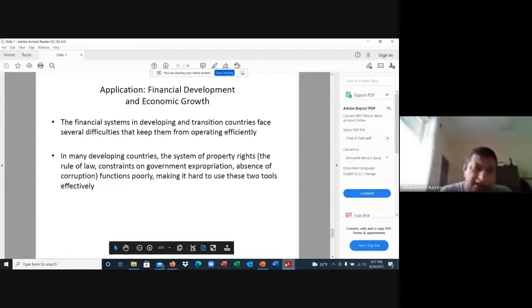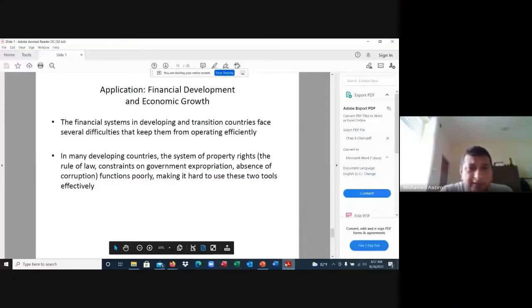Yes, even in advanced economies, at times it performs below the potential or the efficiency required. But the situation is much more pronounced in developing economies.